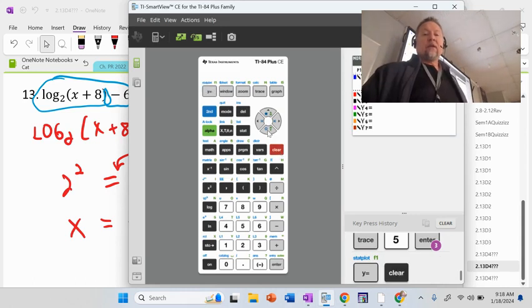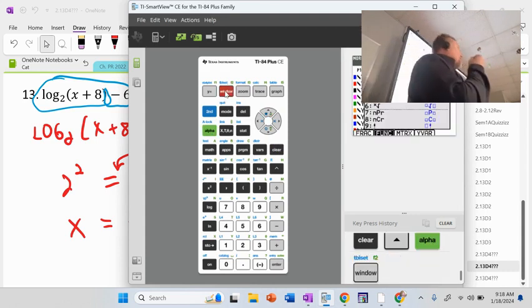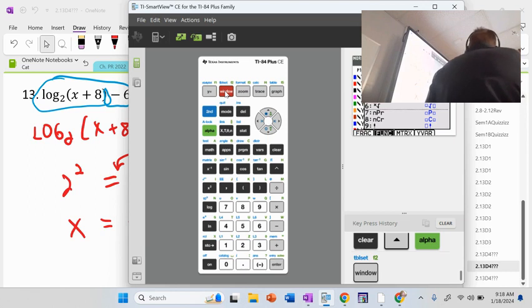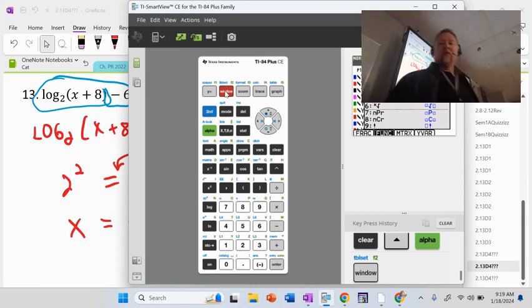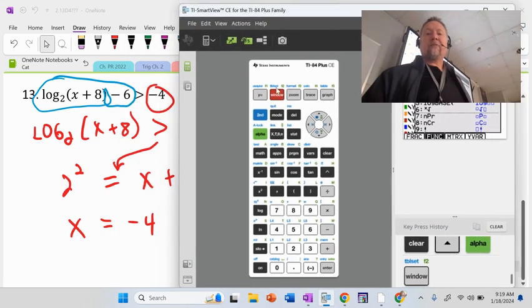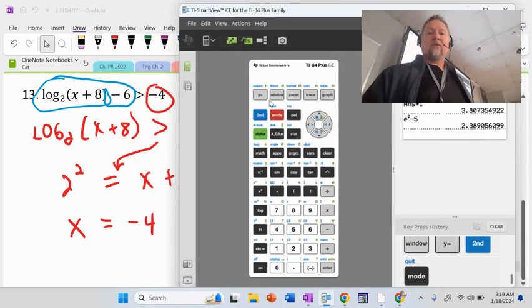Clear. Okay, and I'm not teaching you this button anymore. But here's this button for those that have the upgraded. So it's alpha window, not new. You have to type that, or you have to use the change of base in order to graph. I told you 10 years ago, this is what students had to do.